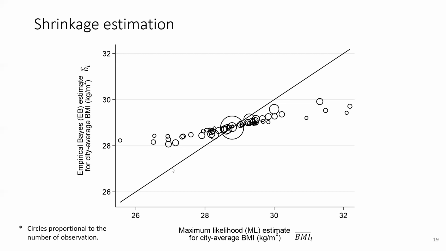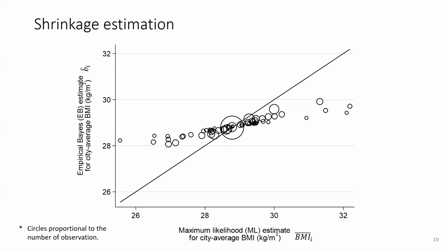So what I want to say is that if the sample size within a cluster is big, the estimated city BMI is going to be close to the observed BMI. But if the sample size is small, the estimated city average is going to be much closer to the overall average as compared to the observed BMI per city.